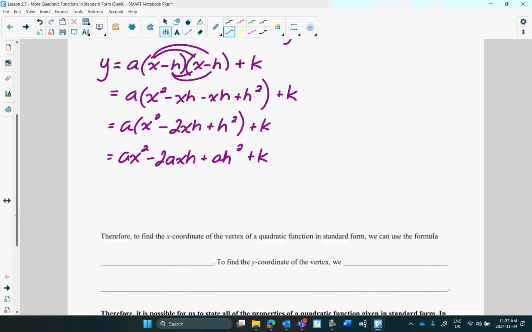And the only other thing I'm going to do after this is rearrange this so the x is at the end. Remember, multiplication, the order doesn't matter. So minus 2ah x. That's all I've done.